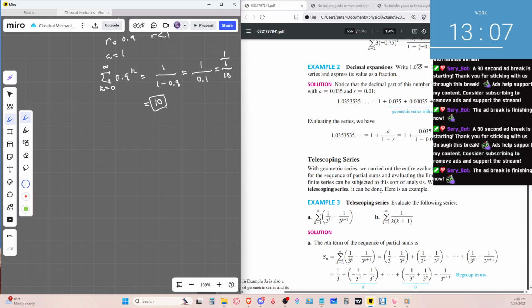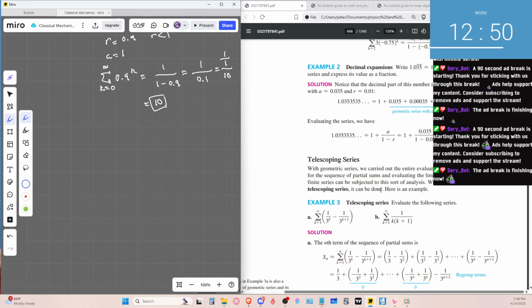With the geometric series, we carry out the entire evaluation process by finding a formula for the sequence of partial sums and evaluating the limit of the sequence.